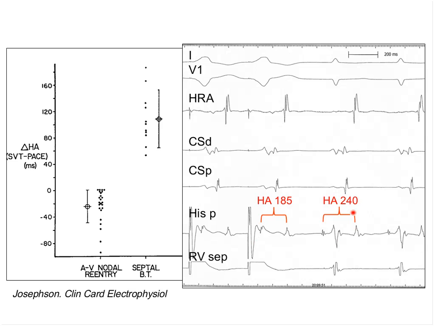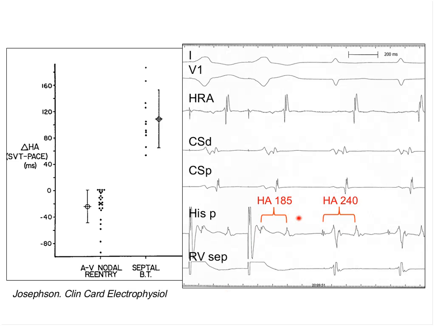But now when you compare the HA interval during ventricular pacing, entraining the tachycardia, this is the His bundle signal here, and now the HA is 185. You can see it's almost 60 milliseconds less than the HA interval during SVT. Now this is a very, very specific finding in favor of an accessory pathway mediated tachycardia.